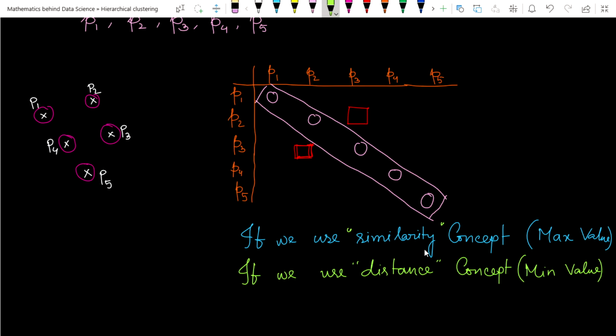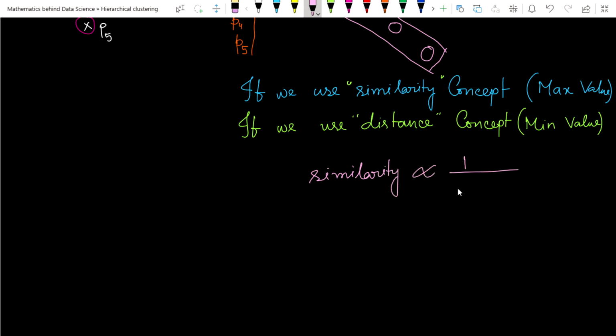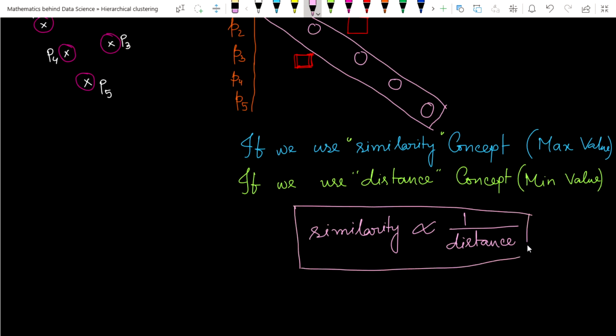If we use the similarity, then we choose the maximum similarity. You have seen that the similarity is inversely proportional to the distance value. We have already seen these things.